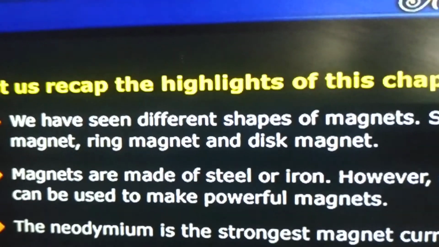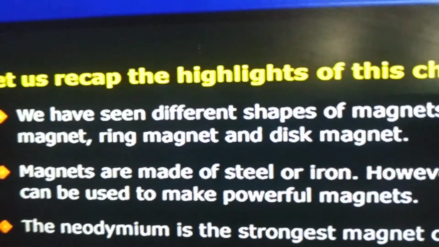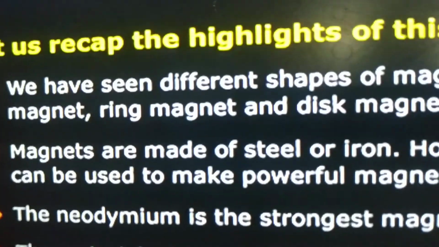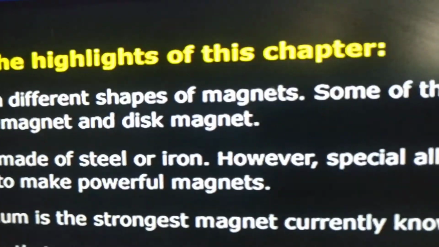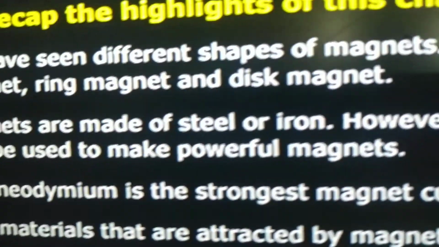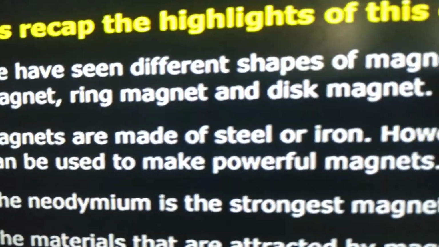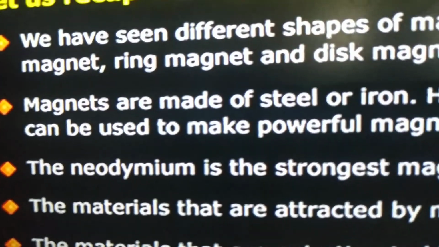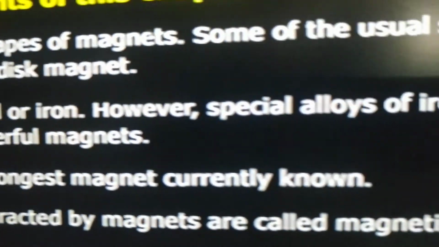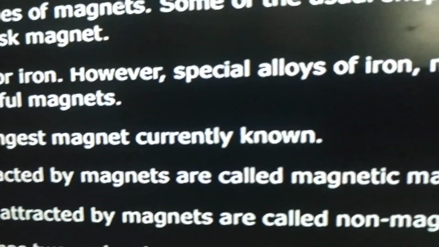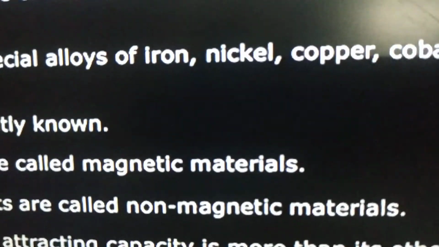Neodymium is the strongest magnet currently known. The materials that are attracted by magnets are called magnetic materials, and the materials that are not attracted by magnets are called non-magnetic materials.